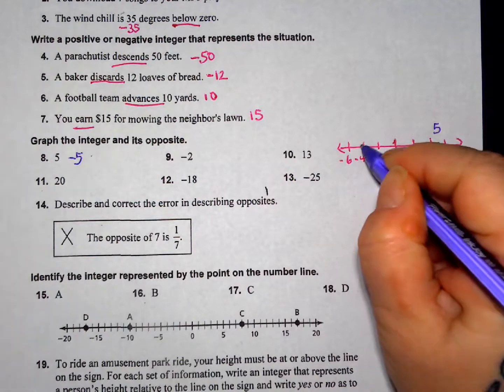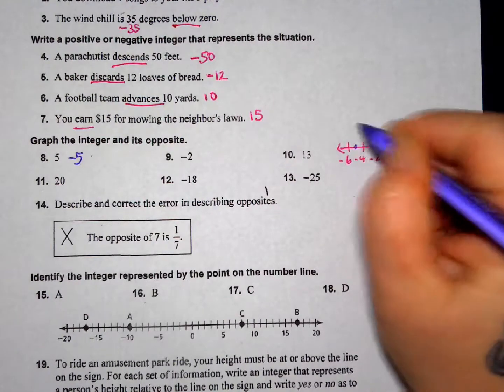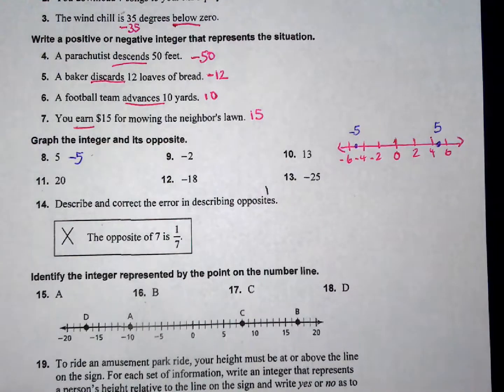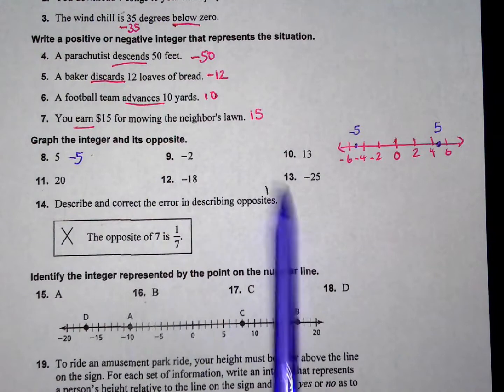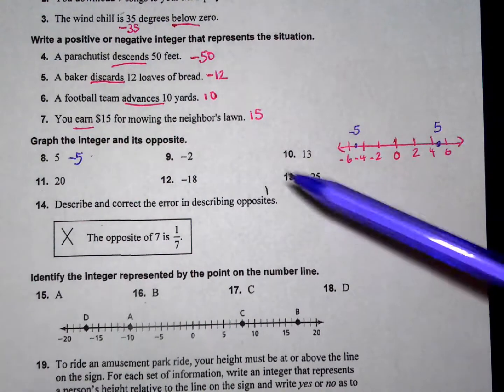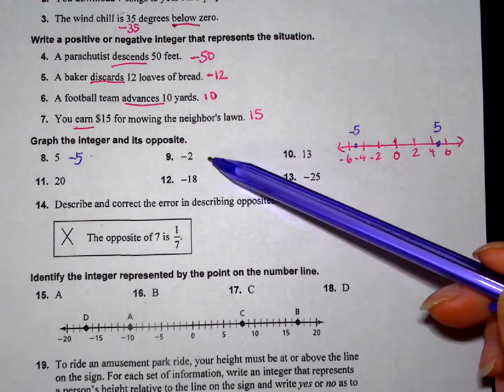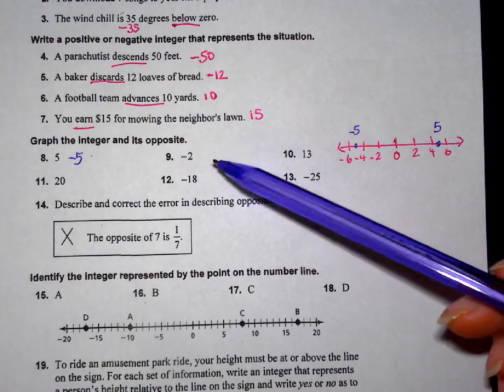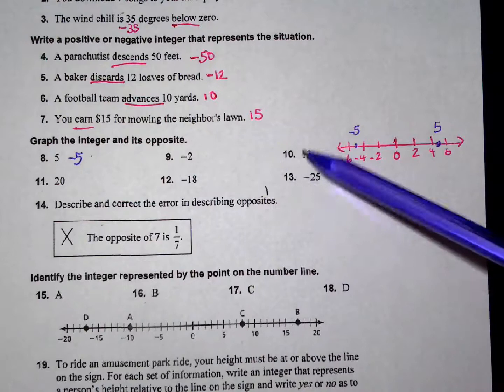So I put my line here, negative 5. Okay? So normally you would do that with each of these, but really for today, I just want you guys to understand that this has an opposite. And I'm going to give you a second. Go ahead and try and figure out the opposites for number 9 through 13.